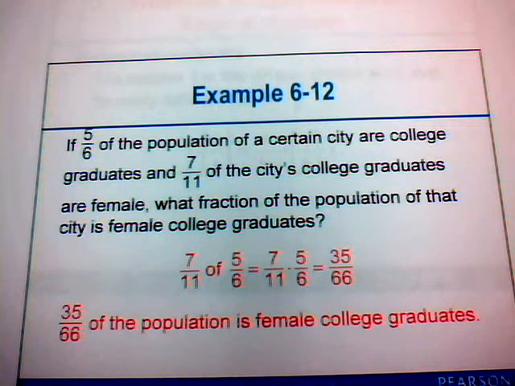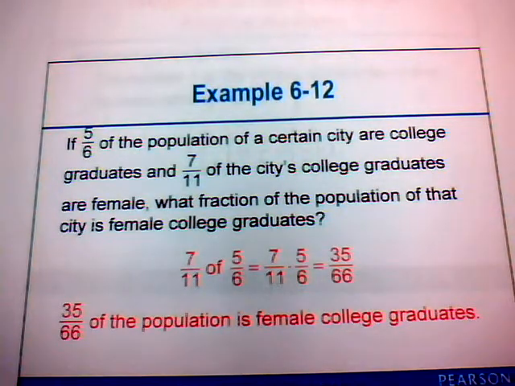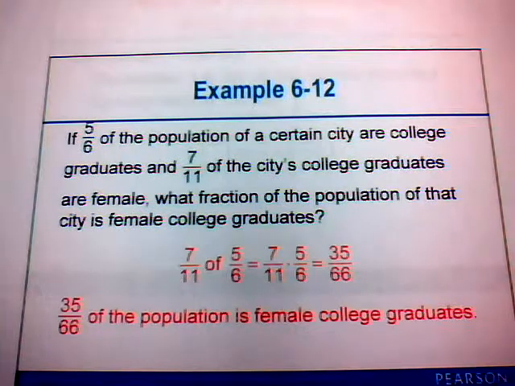So we're multiplying 7/11 times 5/6, which will be 35 over 66. Again, we multiply the numerator times the numerator and denominator times denominator. So to answer this question, 35/66 of the population is female college graduates.